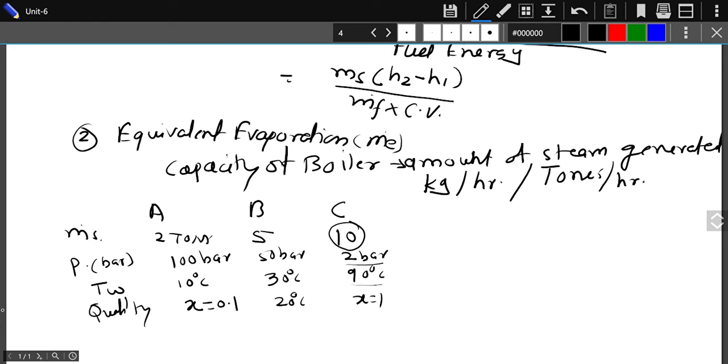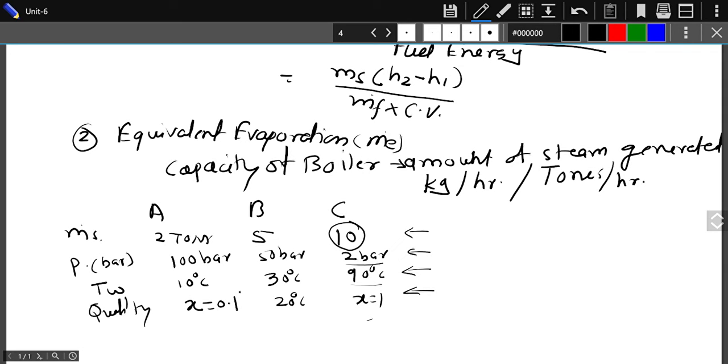Again confusion is increasing. With these different parameters, I can't say which boiler has more or lower capacity. I can't judge it by knowing only how much steam is generated by that boiler.